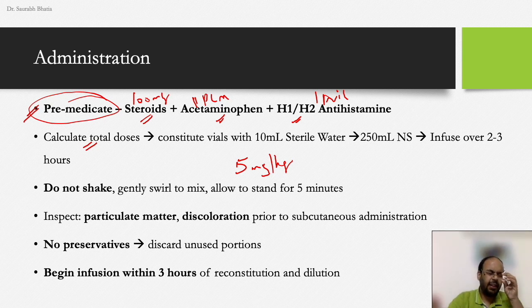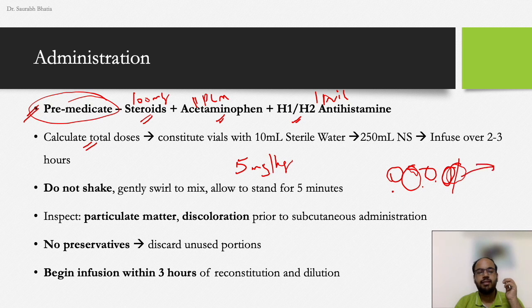At 5 mg per kg, it is around 350 milligram of infliximab that has to be given, and one vial has 100 milligram. So you'll have to prepare 1, 2, 3, and a half vial: 100, 100, 100, that is 300, and 50 milligram from the last one. Discard the rest. So 350 milligram of infliximab has to be prepared in the infusion. So you calculate the dose.